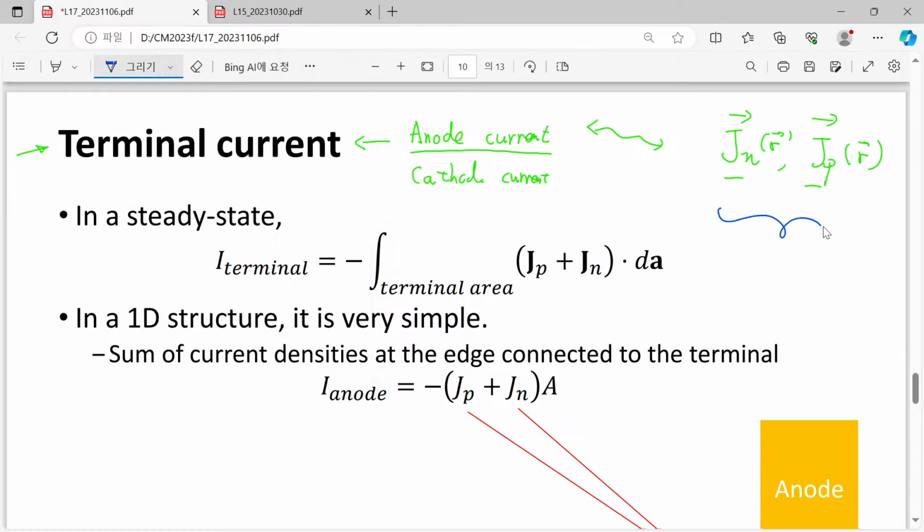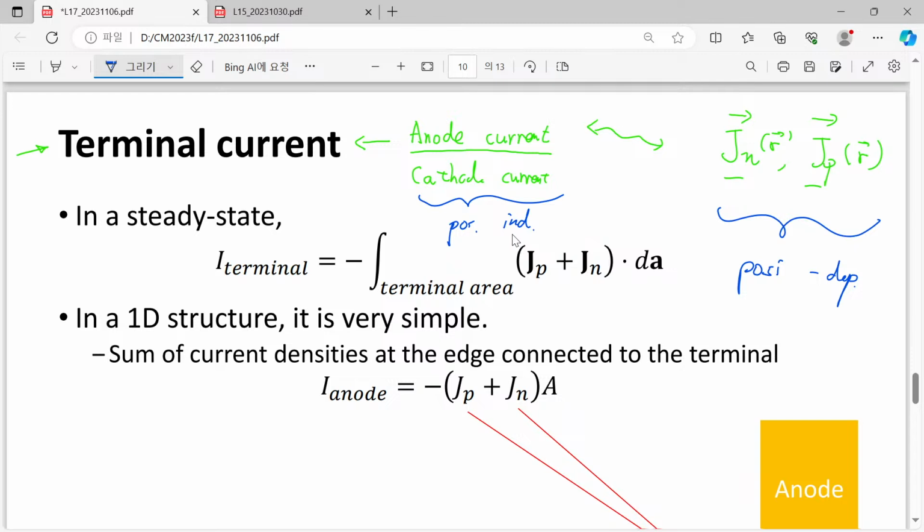This one is a position dependent quantity. And how about terminal current, anode current or cathode current? They are position independent quantities.